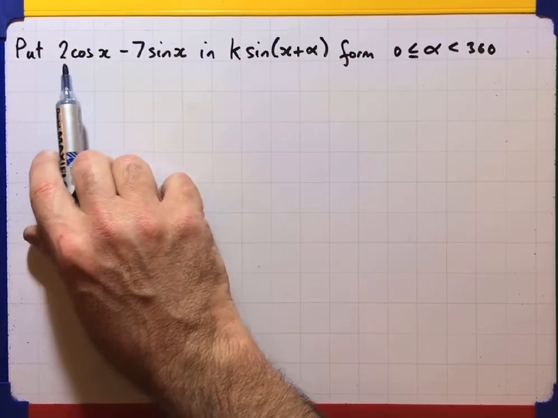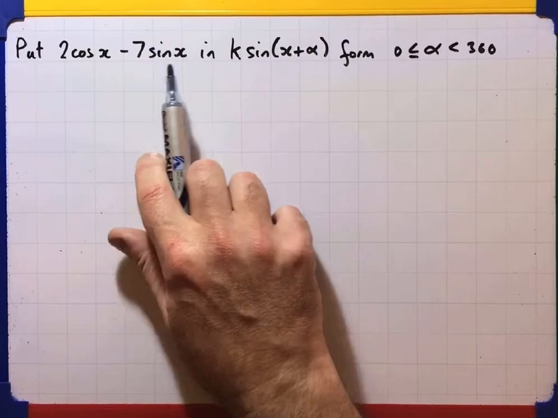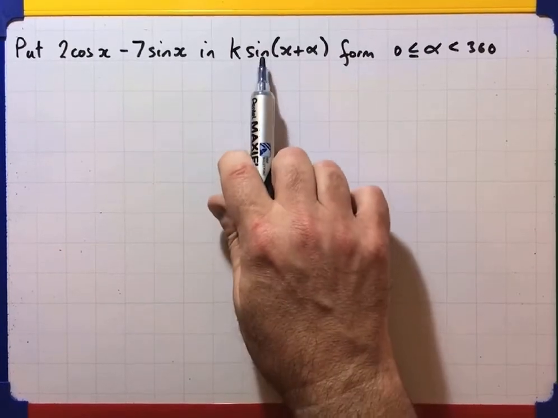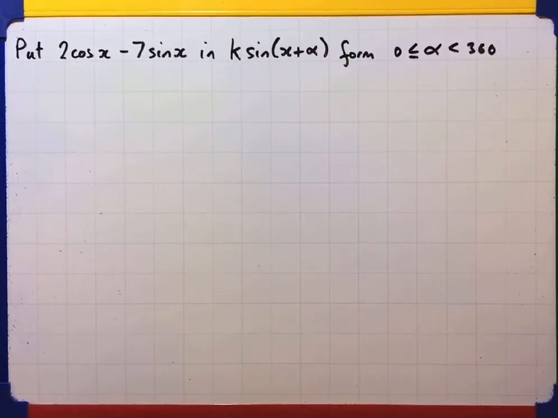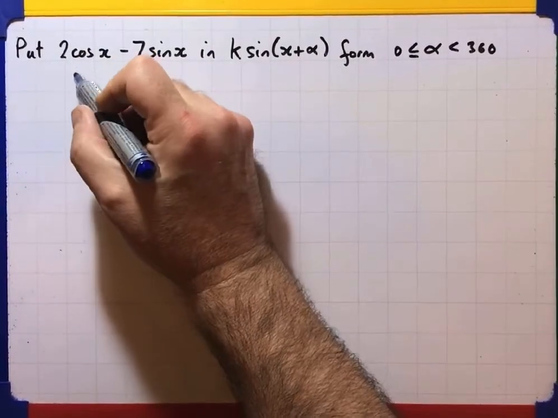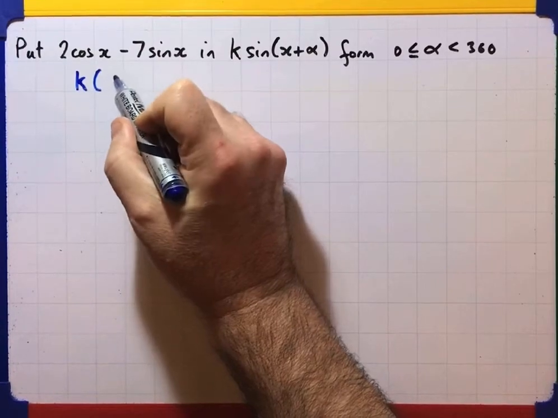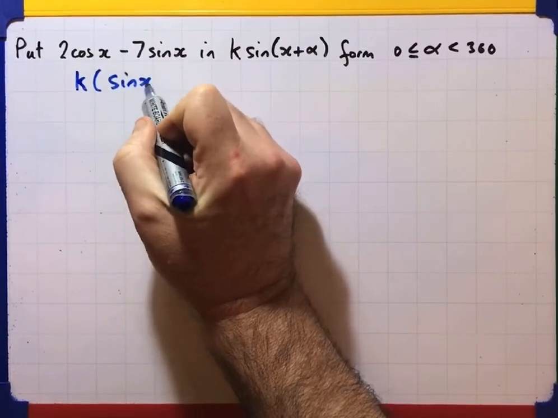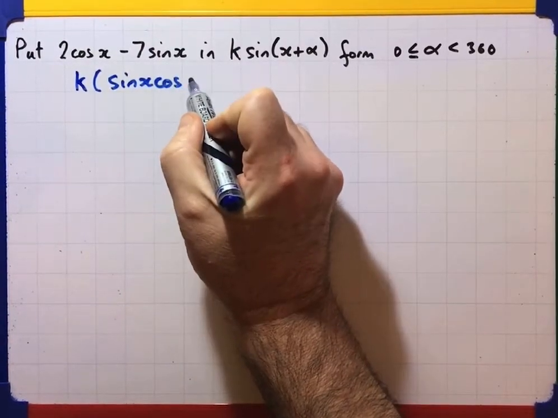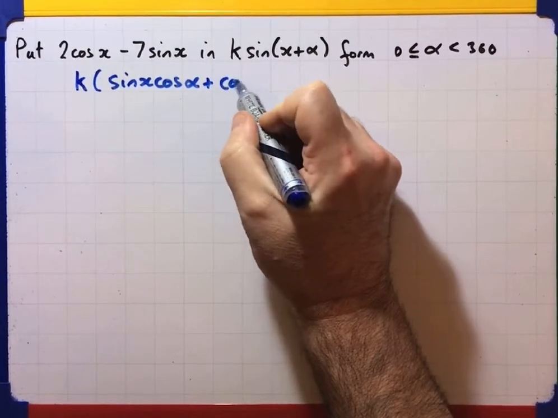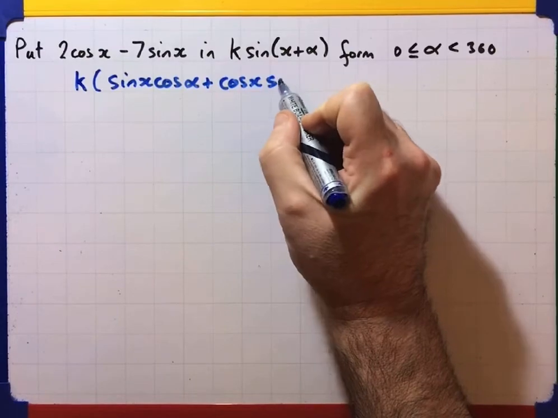What I've got to do with this one is put it into k sin(x plus alpha) form. So what we've got to do first is expand sin(x plus alpha). If I expand that, I'm going to have k sin x cos alpha plus cos x sin alpha.